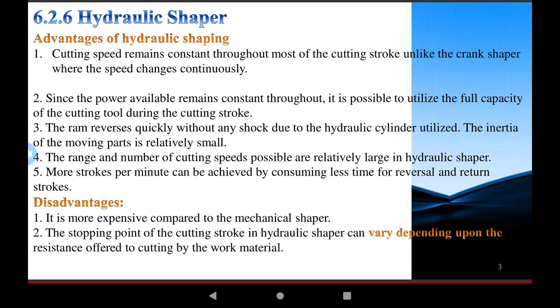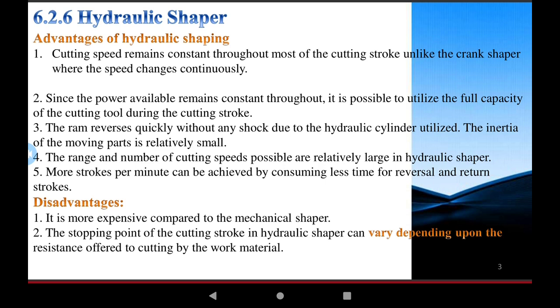The cutting speed depends on the metal properties: for very high strength metals the cutting speed is less, and for low strength materials the power and cutting speed increase.